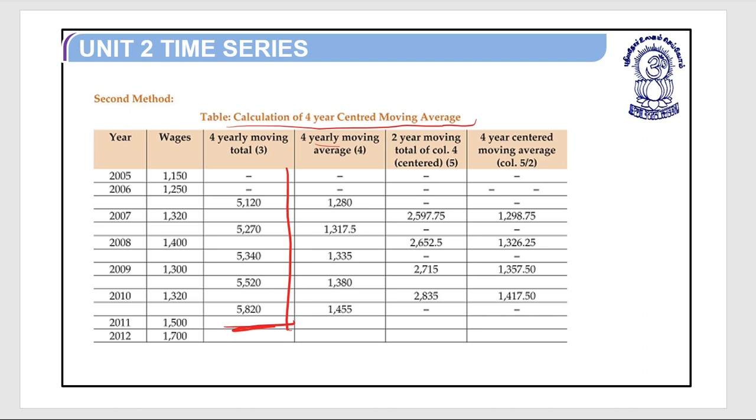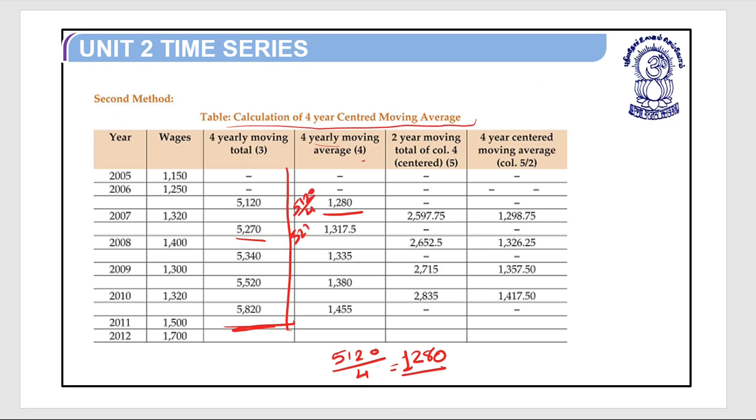Then 4 yearly moving average, it means 5120 divided by 4. 4 ones are 4, 4 twos are 8, 4 eights are 32, so 1280.